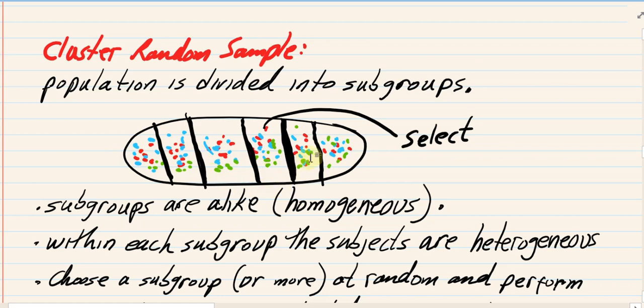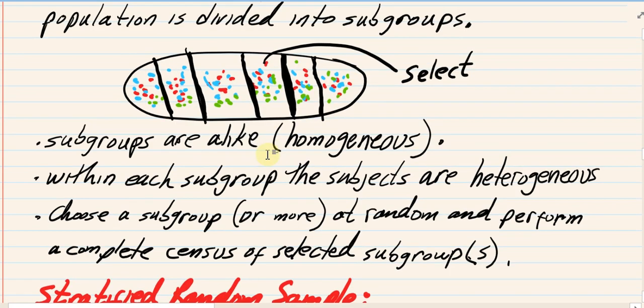So what happens is that you can choose one subgroup at random. If you can do 2 or 3, that's fine. The more the better. But if not, you pick one subgroup at random, and then you conduct a complete census within the subgroup. Okay, so this is how the cluster is done.